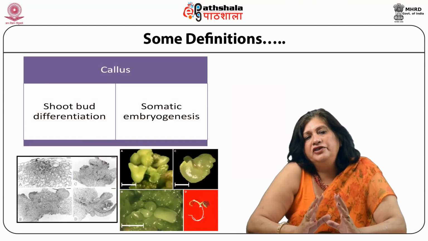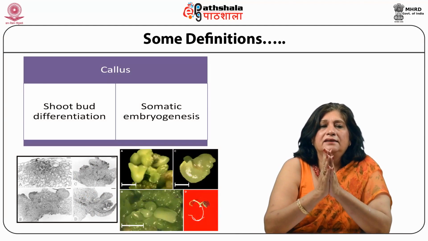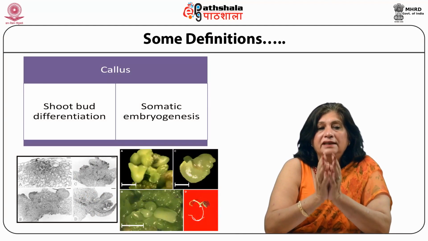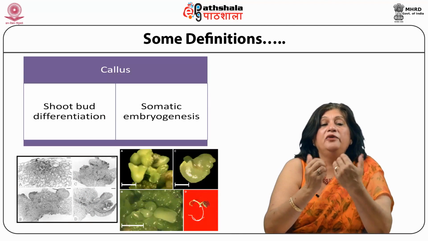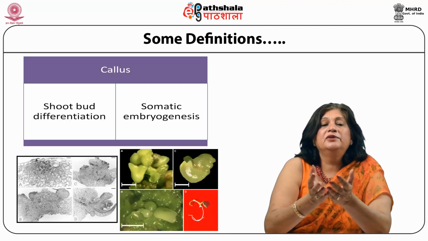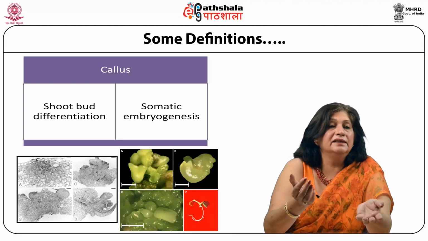Now the undifferentiated mass, which we are calling callus. What is callus? Callus cells are those which forget what they were. They divide very, very fast. So callus is like cancer, a sort of callus. It forgets what it was and it interferes everywhere, but it's in a living system.